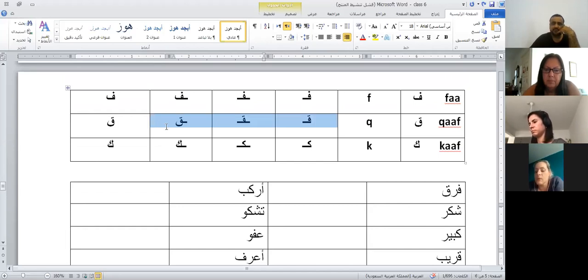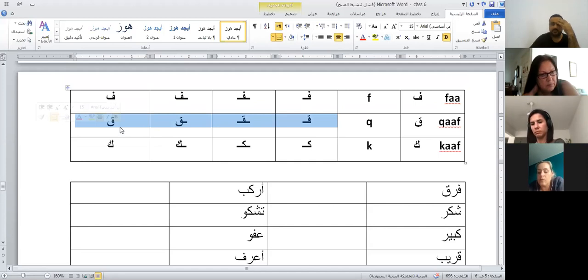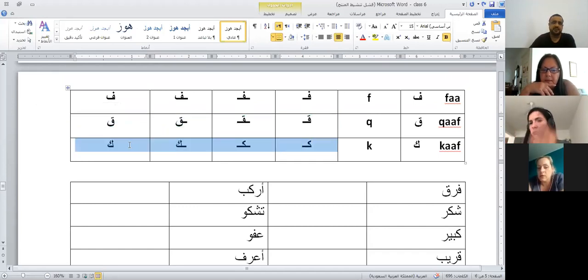This is a new sound for English speaking people. You're not smiling, but this is you are smiling, like a wide smile. Like when you say kitab, beitak, ismak, kif halak, this is qaf.